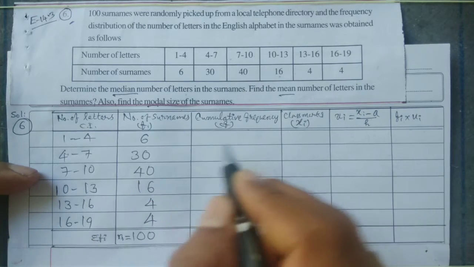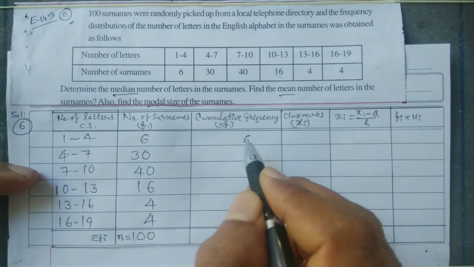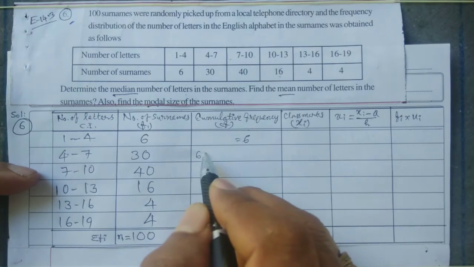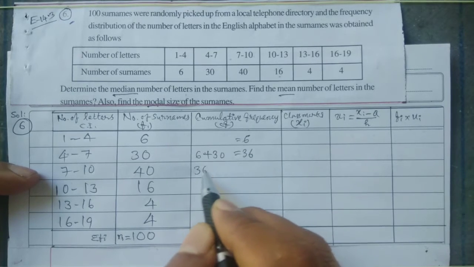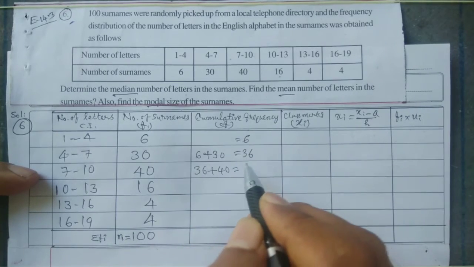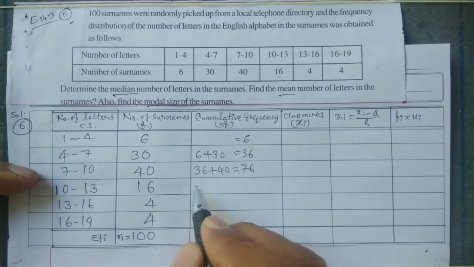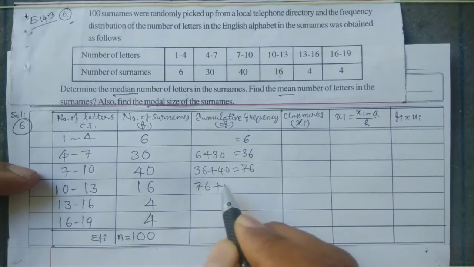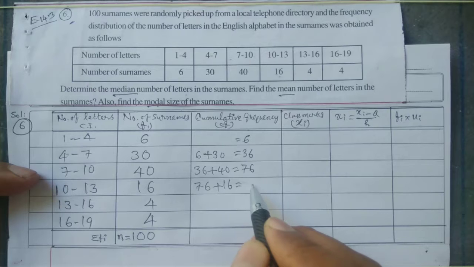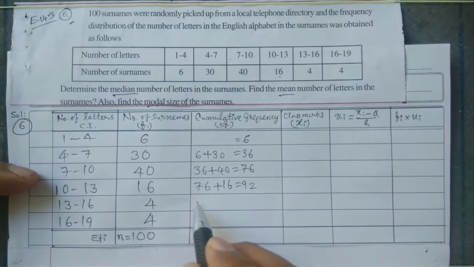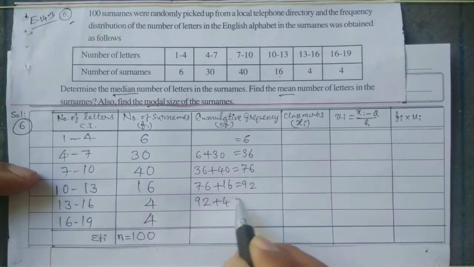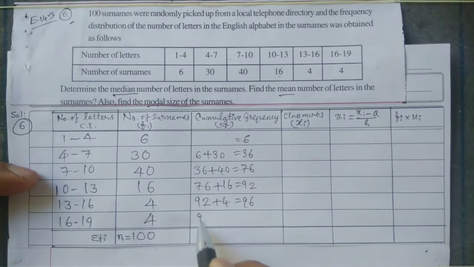Like this: 6 plus 30, 36; 36 plus 40, 76; 76 plus 16, 92; 92 plus 4, 96; 96 plus 4, 100.